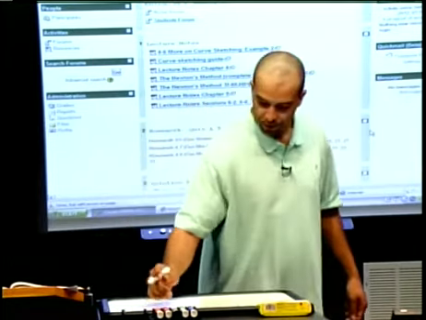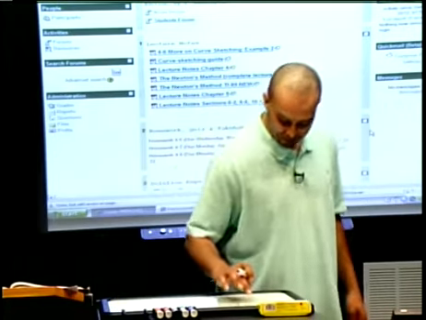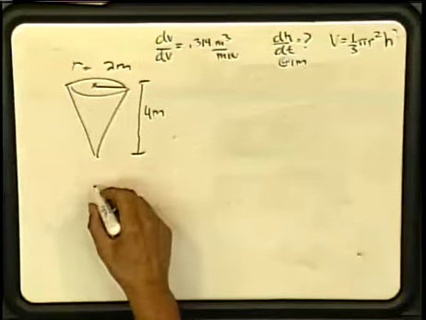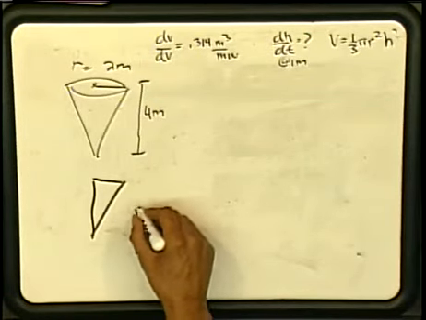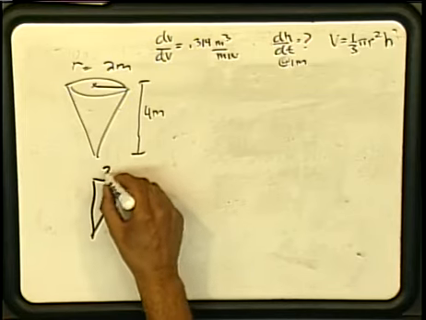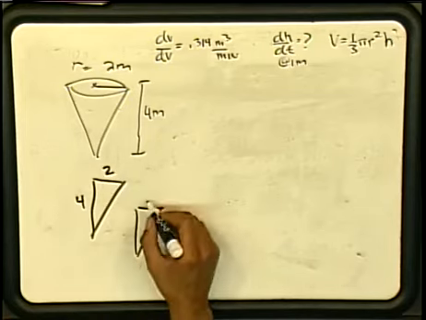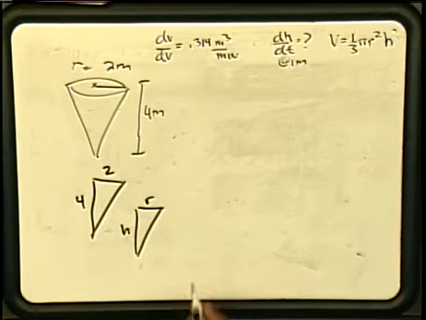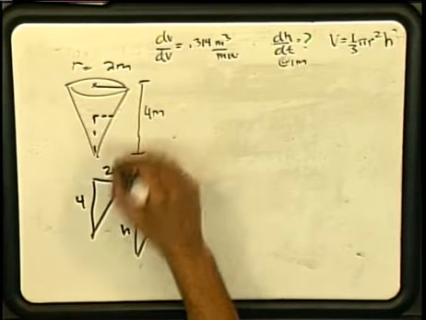Okay, let's relate our original equation to our cone and what we're looking for. That's our big cone. This is our little cone. Our big cone looks like this, and our little cone is r and h.